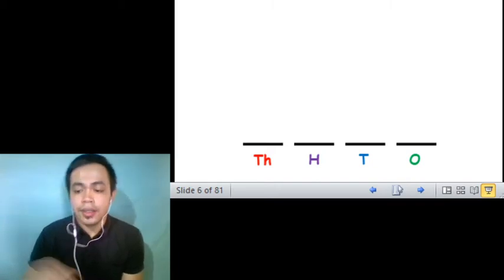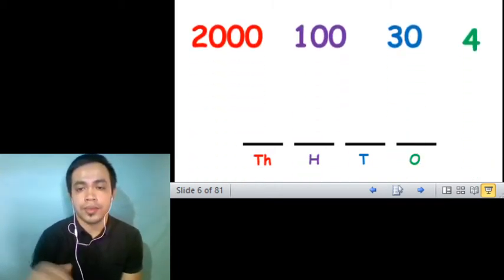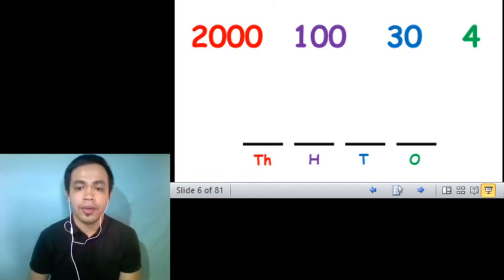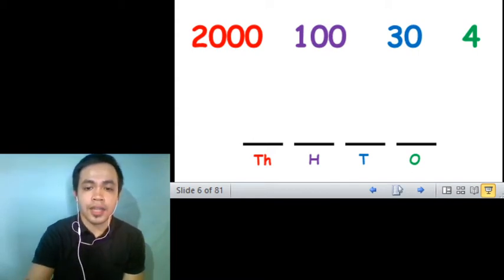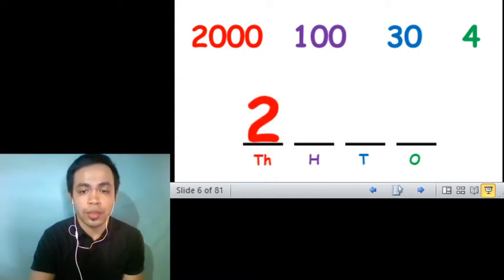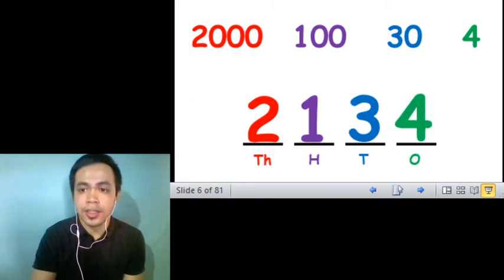Now, in writing the place value, here's our example from a while ago. You need to get the first number in each place. So for thousands, we have 2, since it is 2,000. For hundreds, 1. For tens, 3. Then for ones, 4.